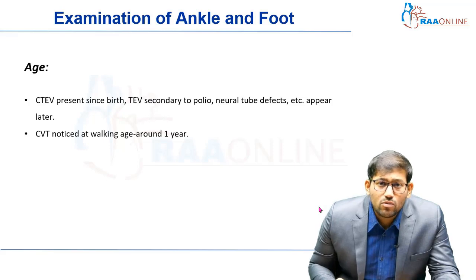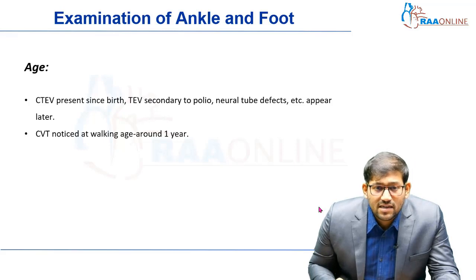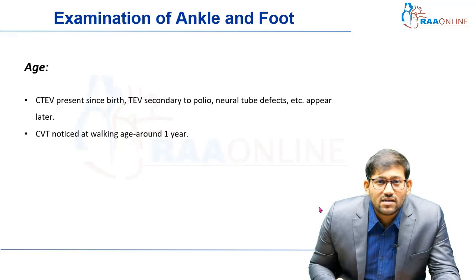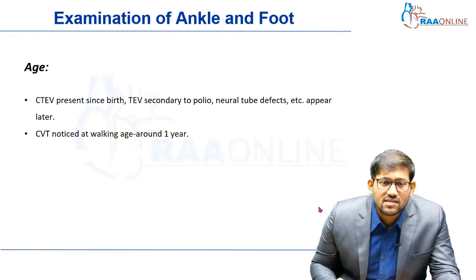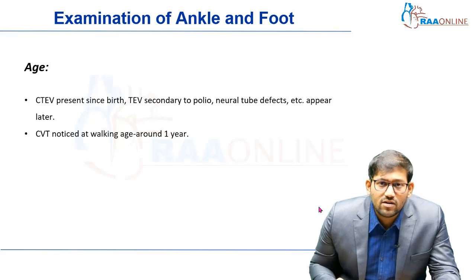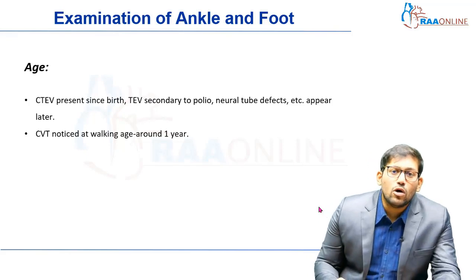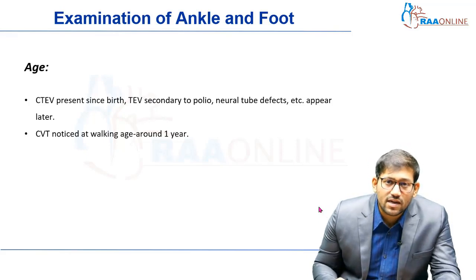So at birth, most commonly it is congenital, whereas in case of talipes equinovarus due to another cause, be it polio or any other neural tube defects, it might occur at a later stage, wherein it might be seen at 3 months or 6 months or later. Whereas most often congenital vertical talus is more noticed once the child has crossed the initial period of infancy, following which we find out the deformity. So not all congenital deformities are found out at birth.